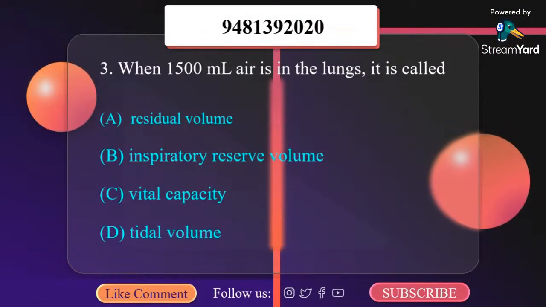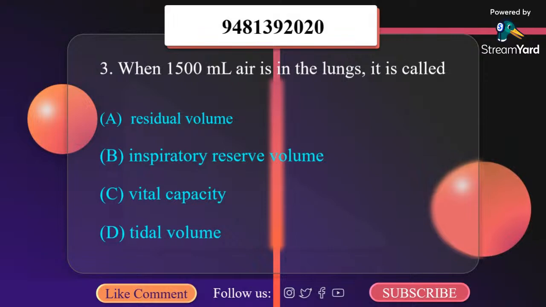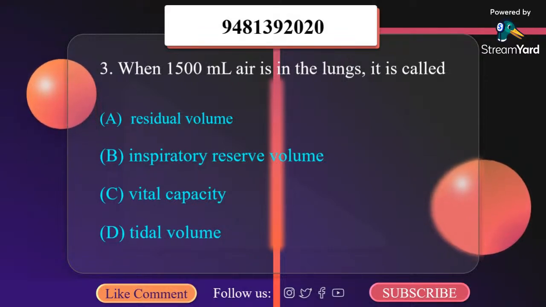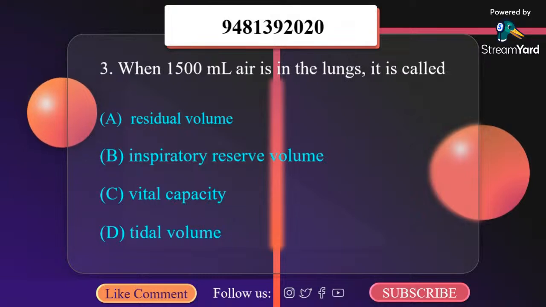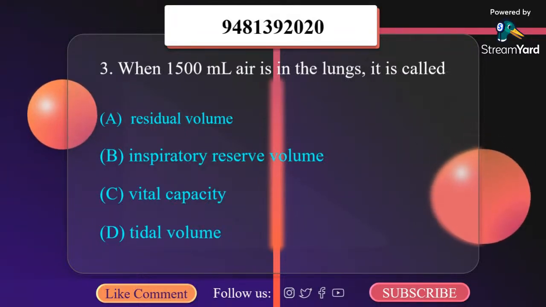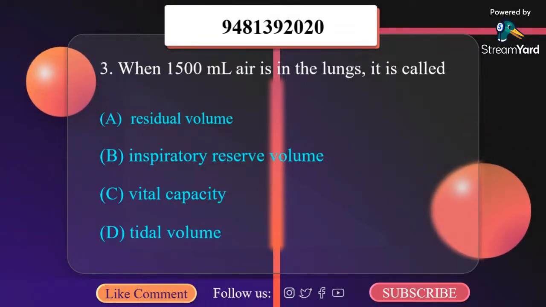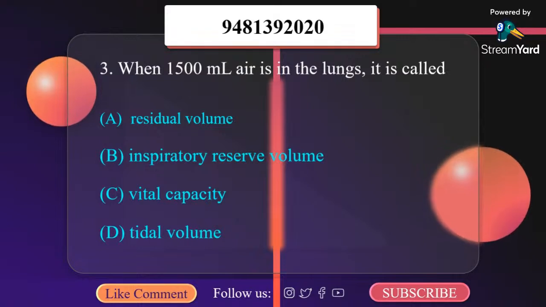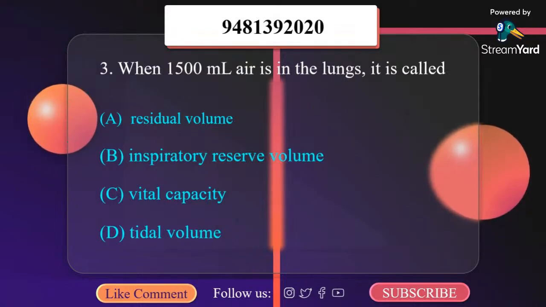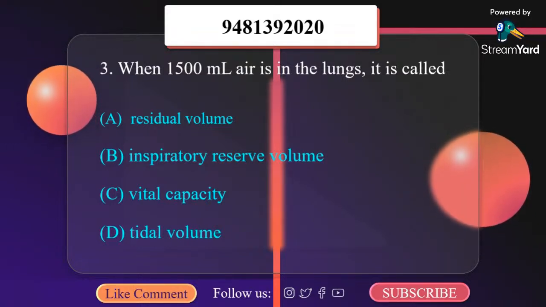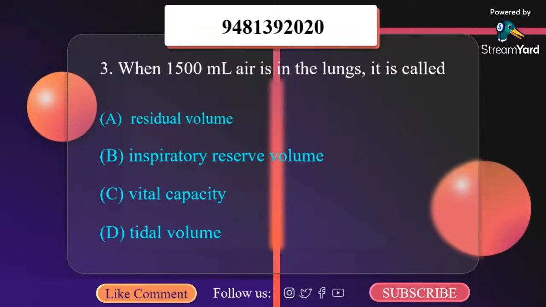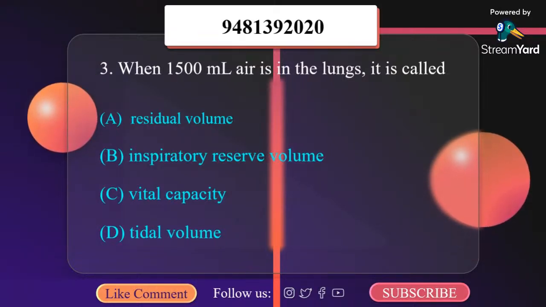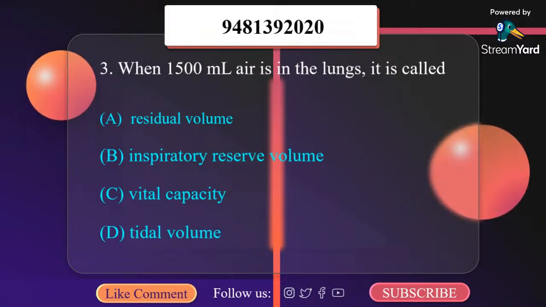When 1500 ml of air is in the lungs, it is called: A. Residual volume, B. Inspiratory reserve volume, C. Vital capacity, D. Tidal volume.